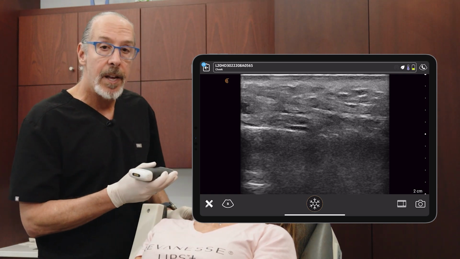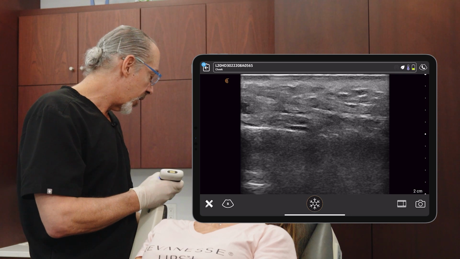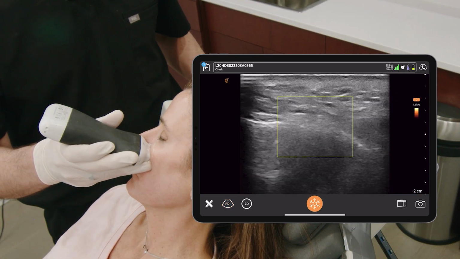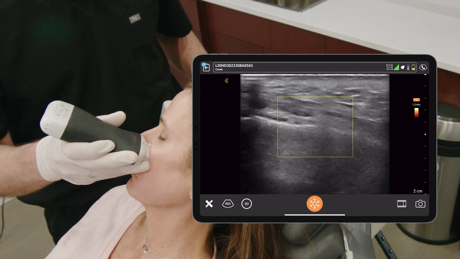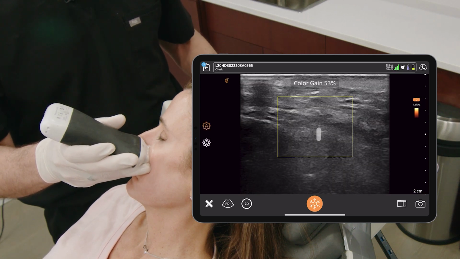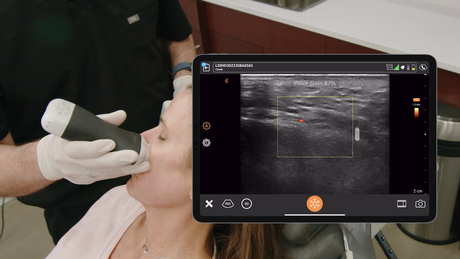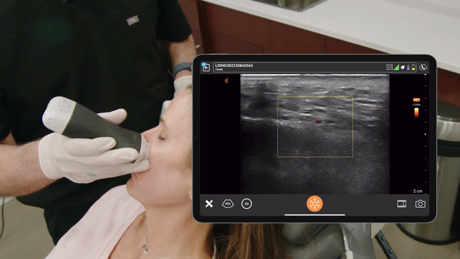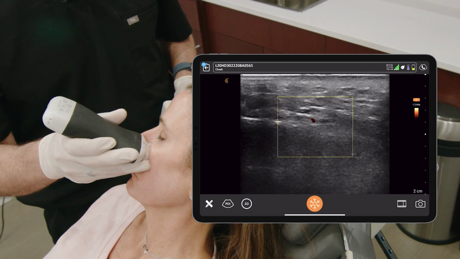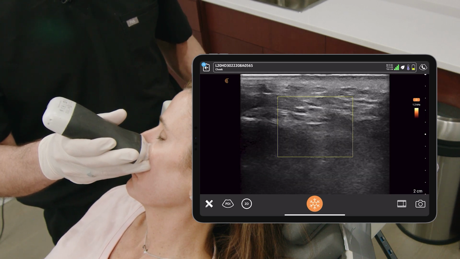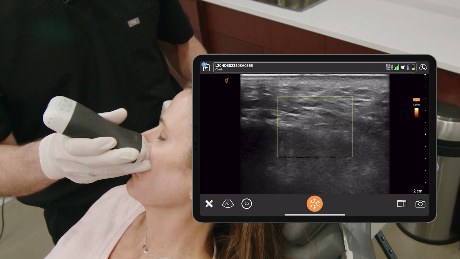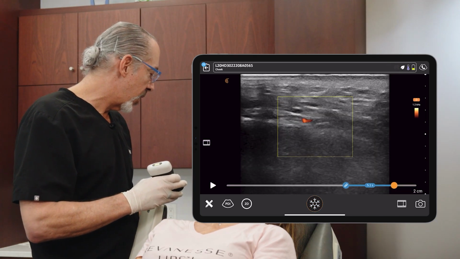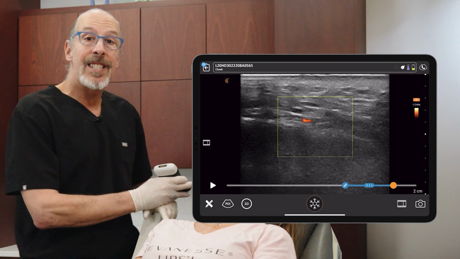So we can confirm this by using the Doppler, the vascular. So although it's not a strong signal, it seems to be very consistent in this area.